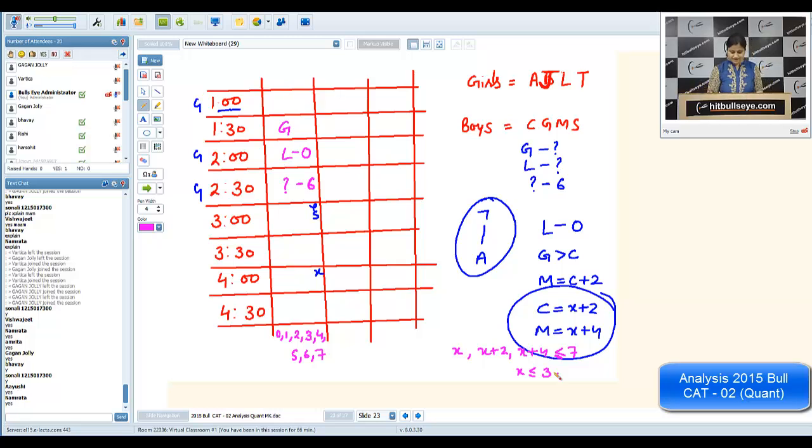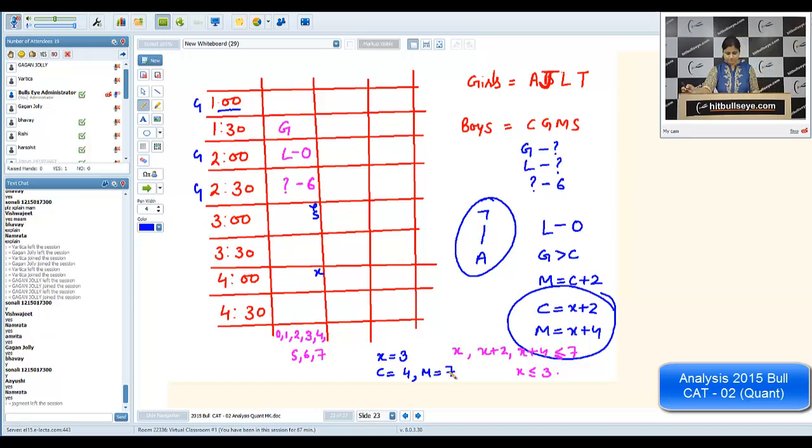Now I'm taking random cases again. If I take x to be 3, it means at 4, the student has 3-year experience. Then C will be 5 and M will be 7. Are you getting me, guys? Please confirm.